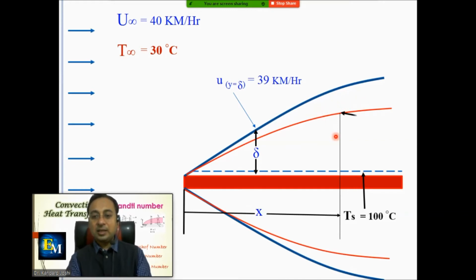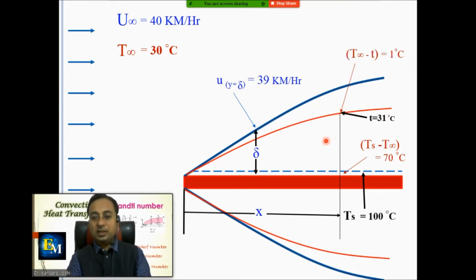Say here the temperature is 31 degrees Celsius, means just 1 degree higher than the ambient temperature. Here the temperature difference is maximum. T surface minus T infinity is 70 degrees, whereas at the boundary layer point the temperature difference is minimum.